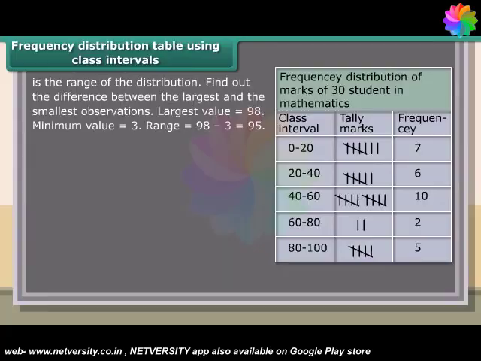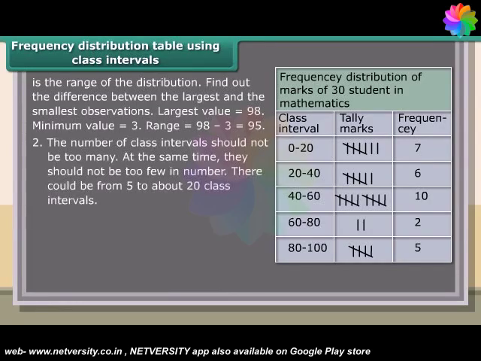Find the difference between the largest and the smallest observations. Largest value is 98. Minimum value is 3. Range is 98 minus 3, which equals 95.